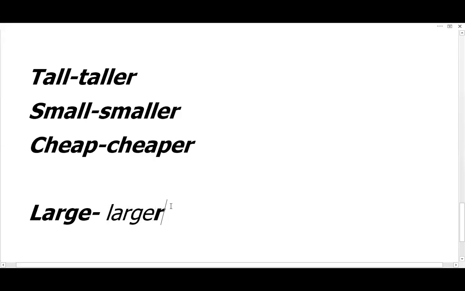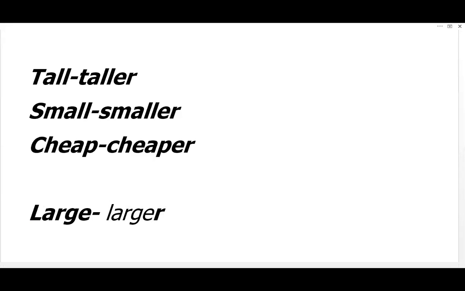Sometimes when you have one adjective that already has e, for example, large, you don't have to go largeer, this is not correct. Okay, you only add er. So I'm just going to do this. Larger, larger. Look, I only add er.